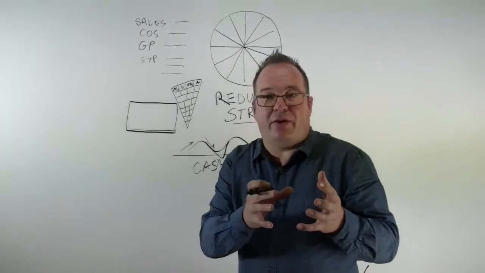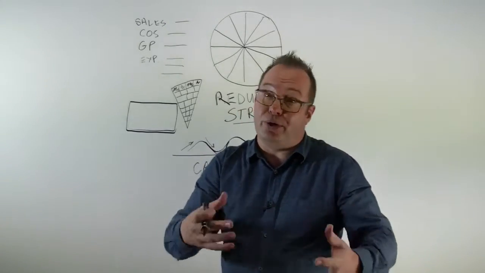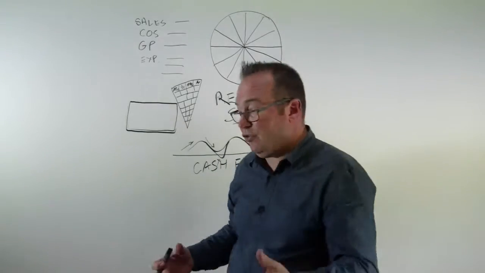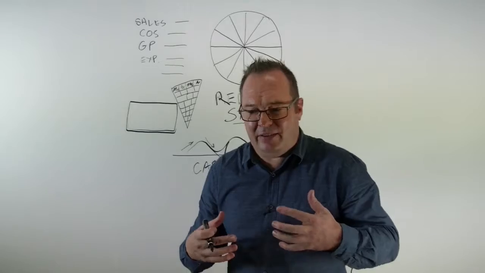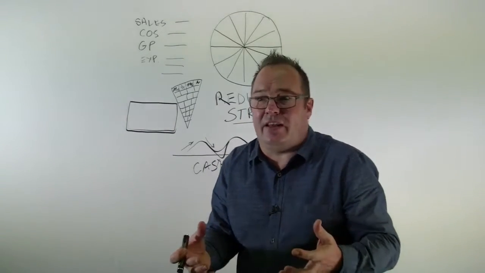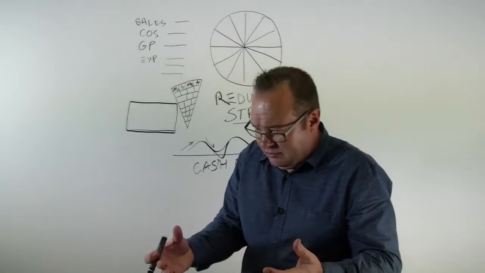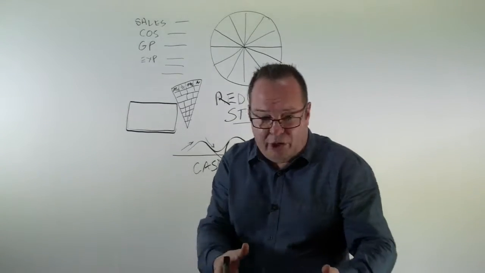And this is the problem with most accounting programs, is that you're entering invoices or bills into the system, and you're entering sales into the system after they've happened. And so then by the time you get to the end of the month, or when it gets near the end of the month, you kind of go, oh, I haven't got any money to pay for that, or I spent too much. What did I buy there?